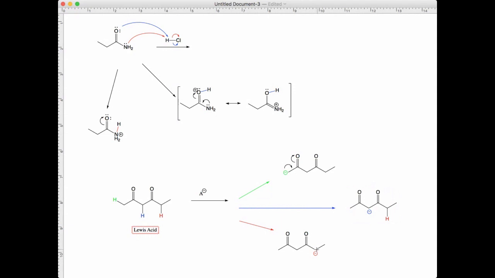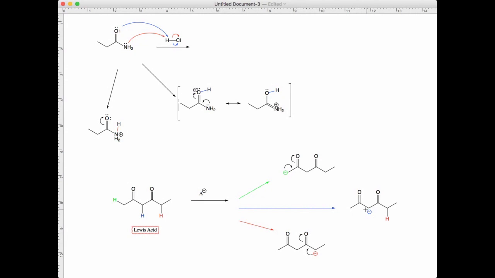The red carbanion can also be stabilized by the same, right? So it has a carbonyl functional group next to it, so the charge can be delocalized over this carbonyl functional group. So the charge is sharing between this carbon and this oxygen.